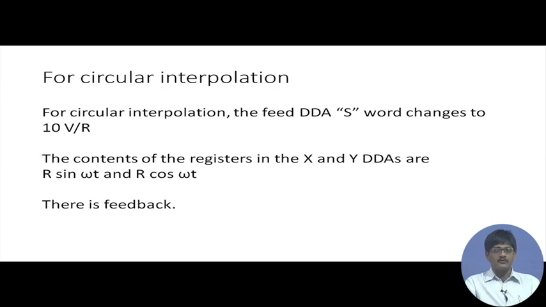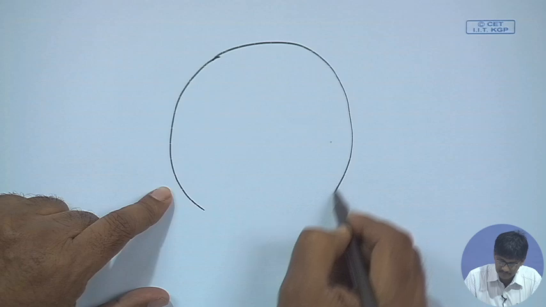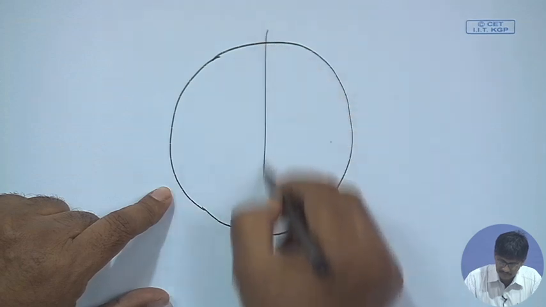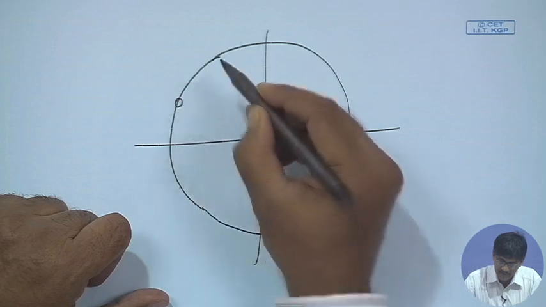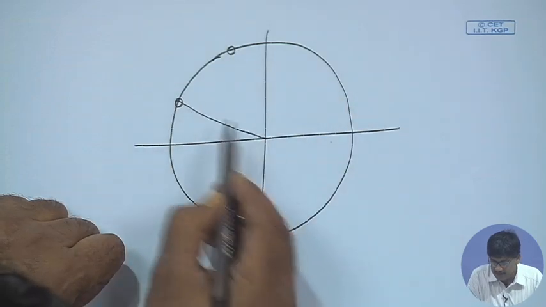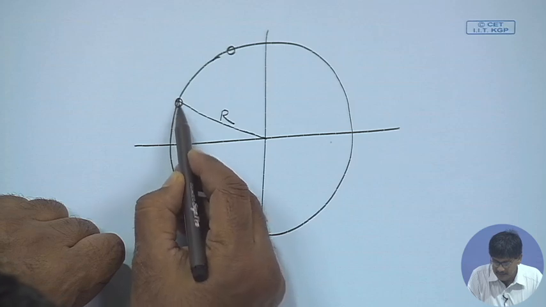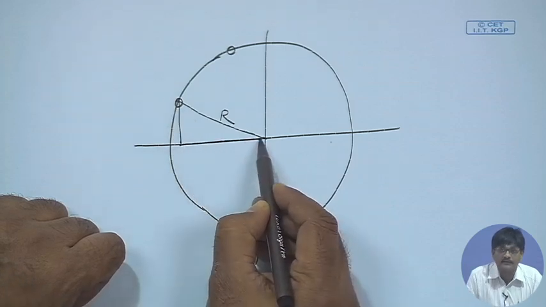If you have a look at this particular figure, if you are starting from this point, say, and if you are trying to reach this particular point, in that case this is r and this is sin omega t and r cos omega t.